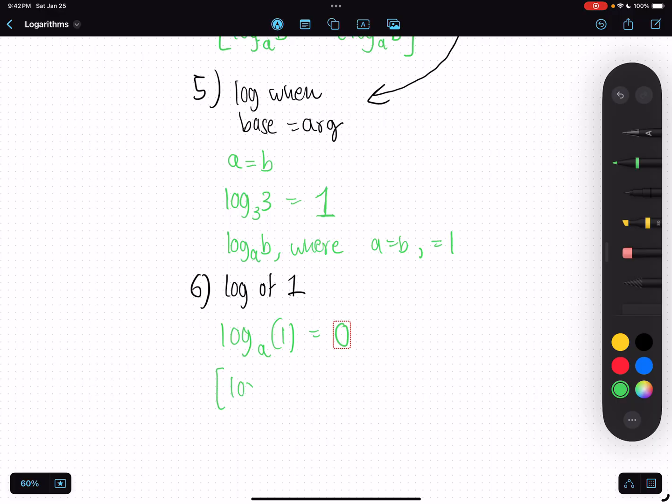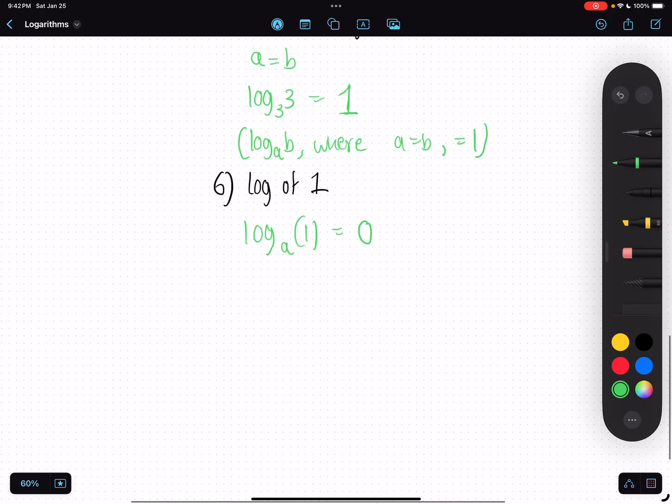So log a of 1 is just going to be equal to 0.